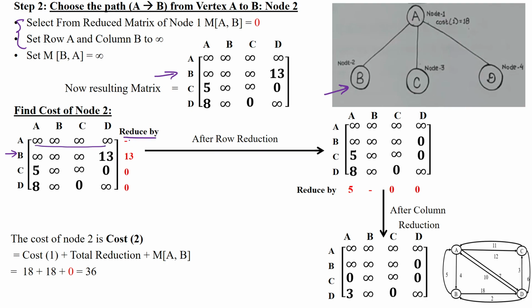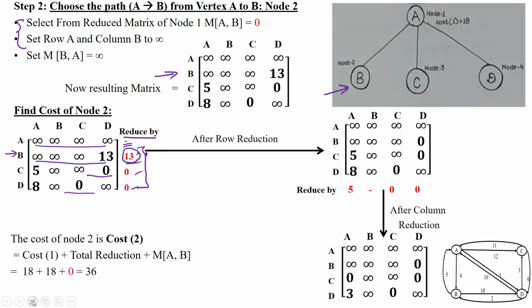Here infinity is the value, so we don't know that value, unknown, which is given as a hyphen. Here the minimum value is 13, which is selected. Here the minimum value is 0, selected. The fourth row minimum value is 0. So now we have selected the minimum values from all the rows.